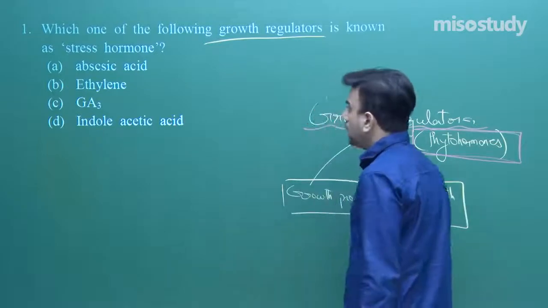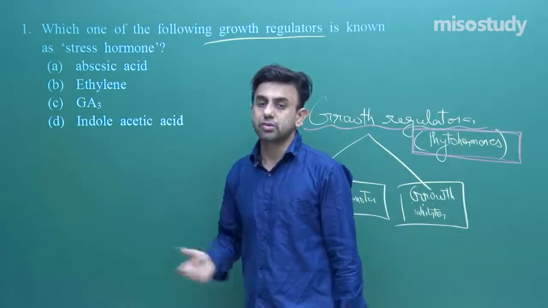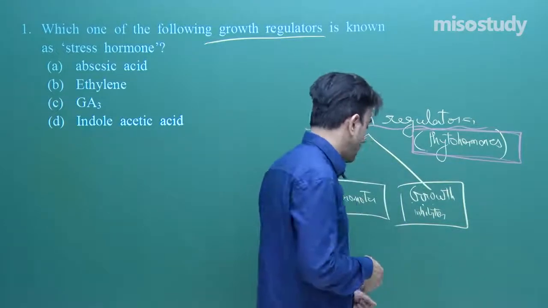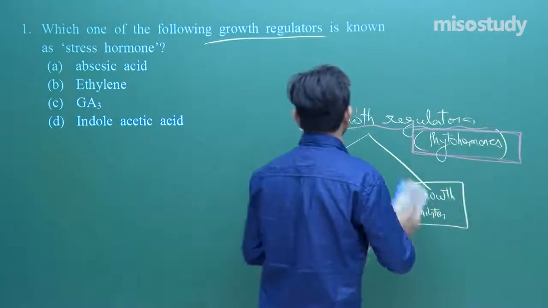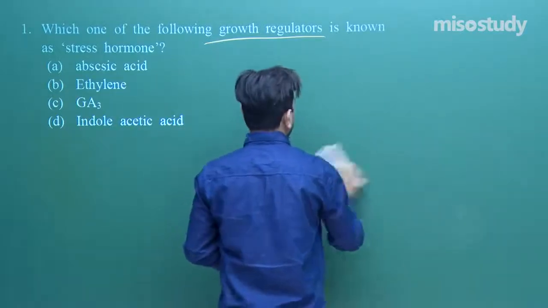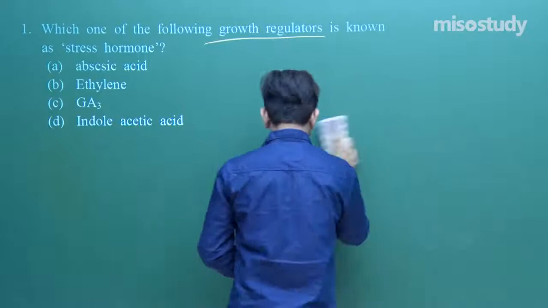Now, which growth regulator is the stress hormone? Abscisic acid is always used as the stress hormone, that is, it always becomes functional whenever the plant is in stress.